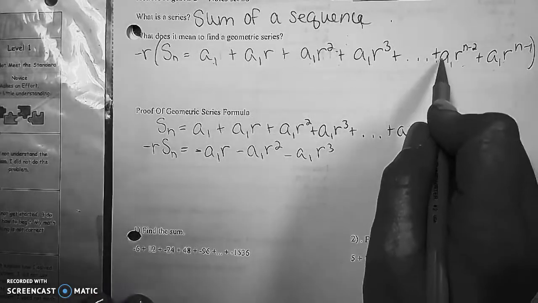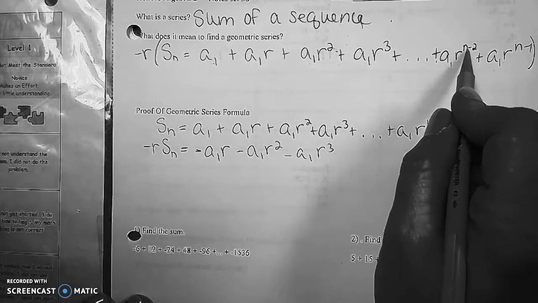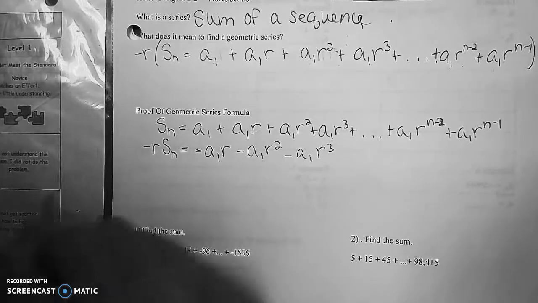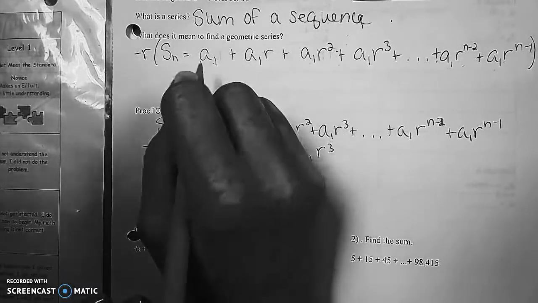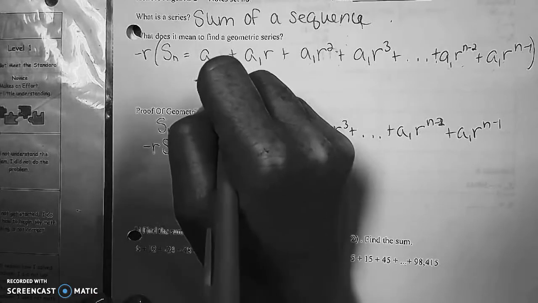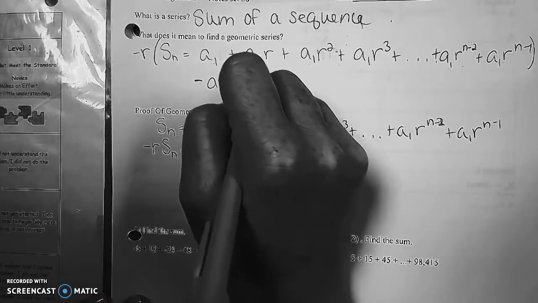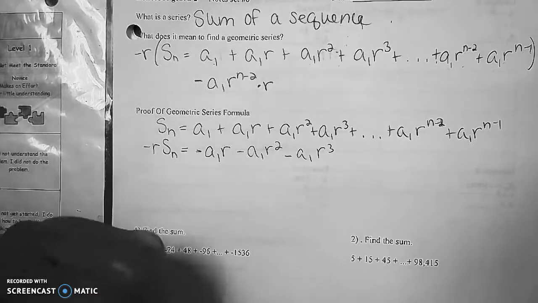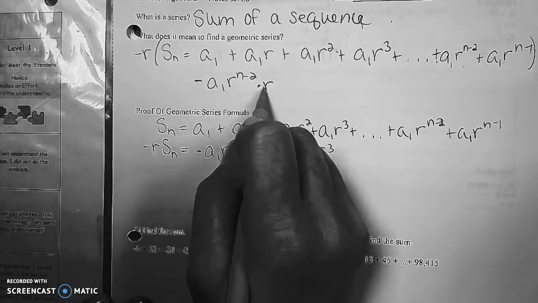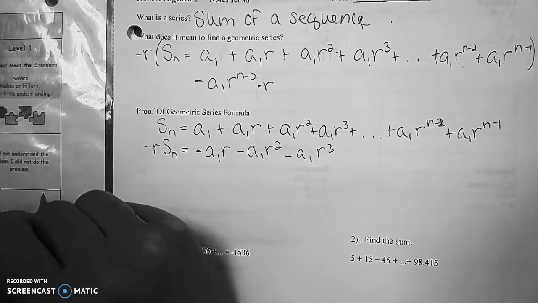I'm going to have A sub 1 R to the n minus 2 times negative R. We know that would be a negative answer, and we'll have A sub 1 R to the n minus 2 times R. As a reminder, when you multiply like bases, you add your exponents.